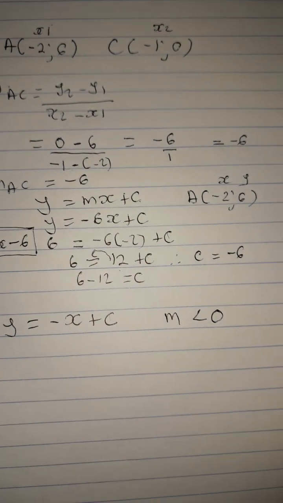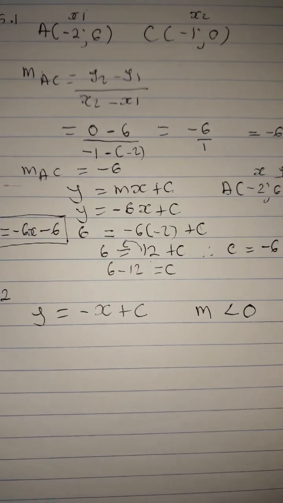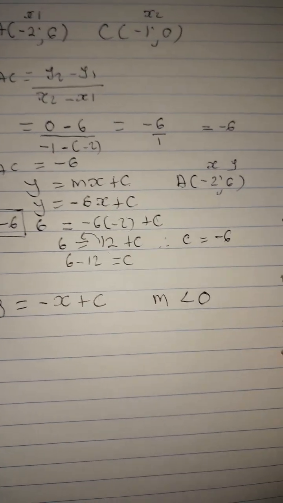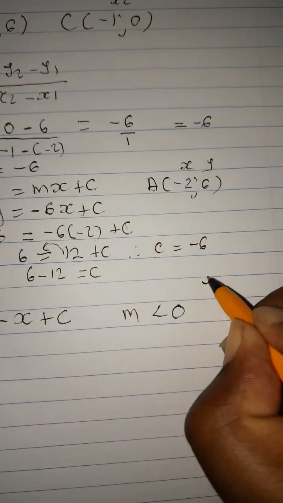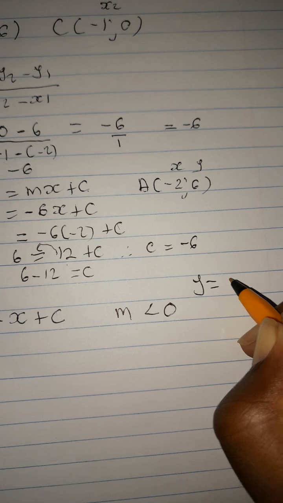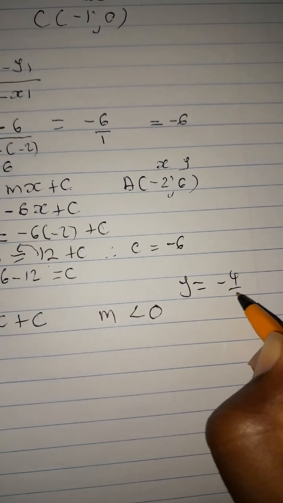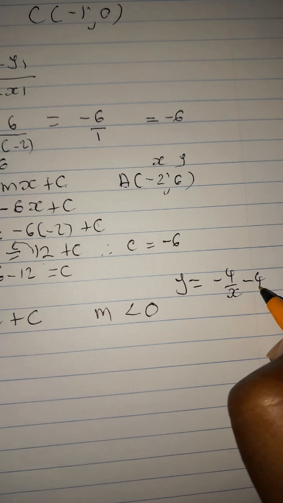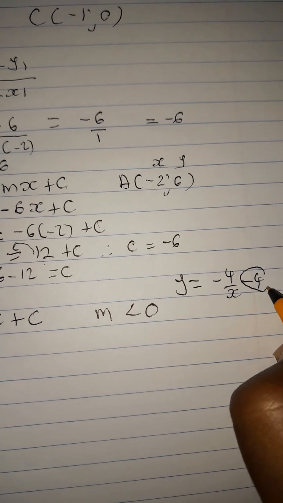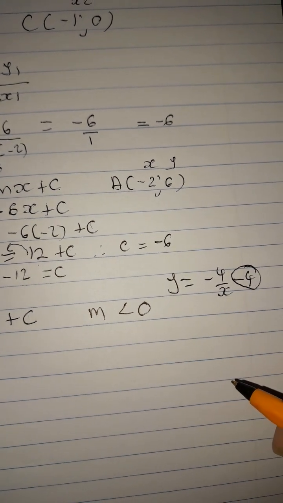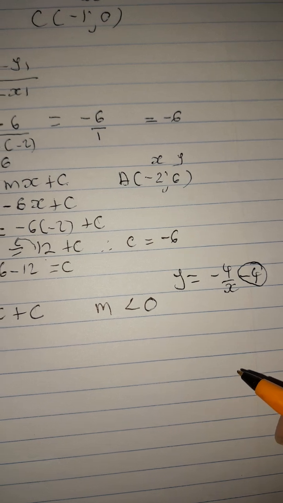So we are going to use an asymptote. Remember, we are working with G here. The graph of G was given as -4x minus 4. So minus 4, it's our asymptote.